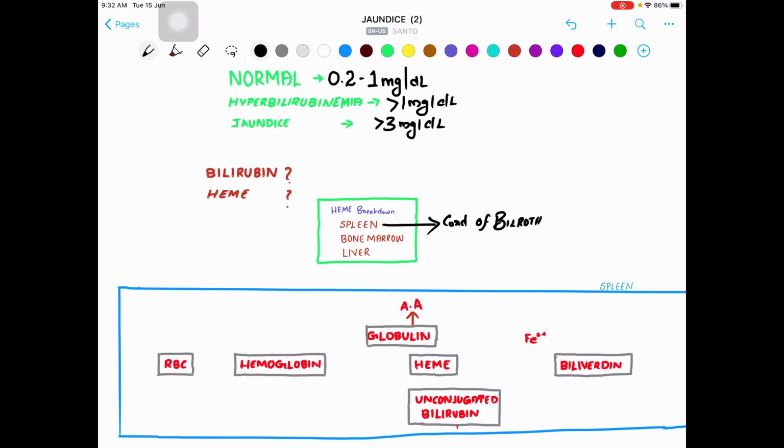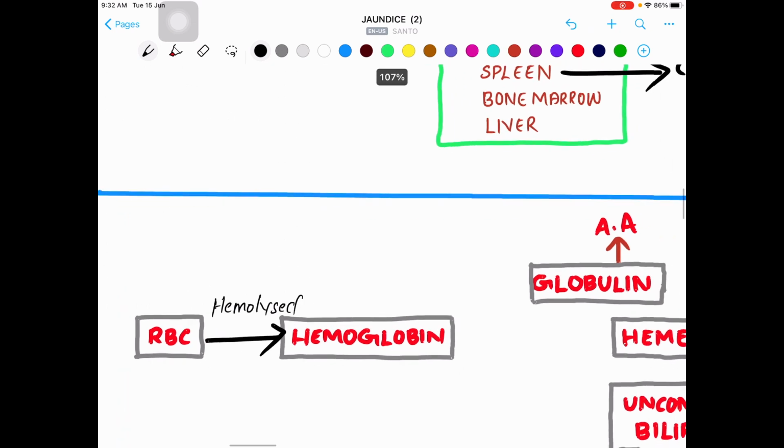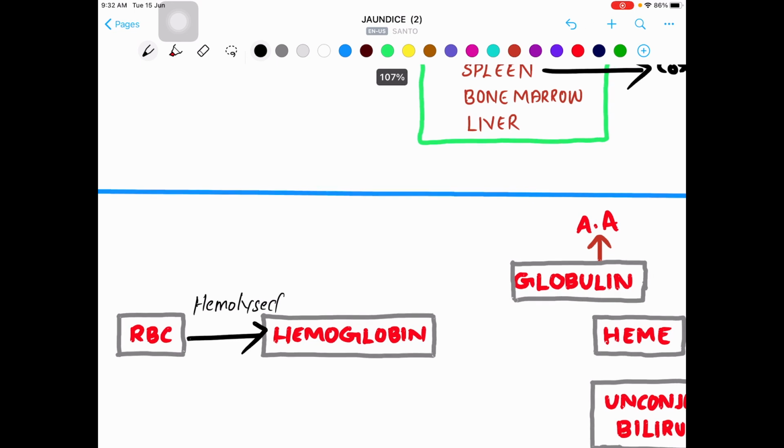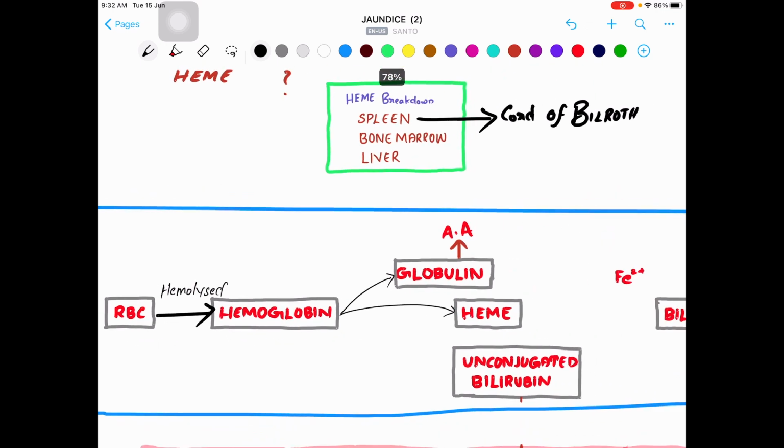The RBC is hemolyzed to hemoglobin, and this hemoglobin chain will be broken down to globin and heme. The globin will then become amino acids and then it will be reused.